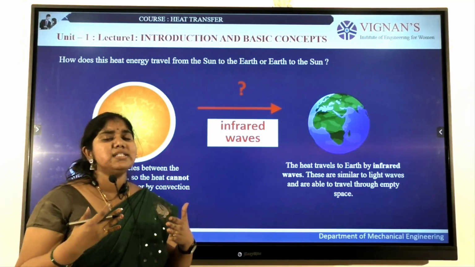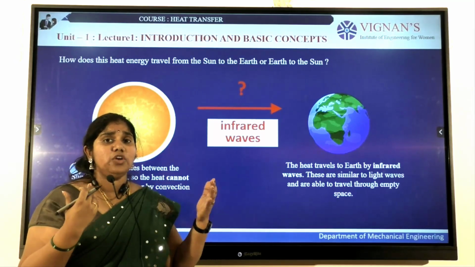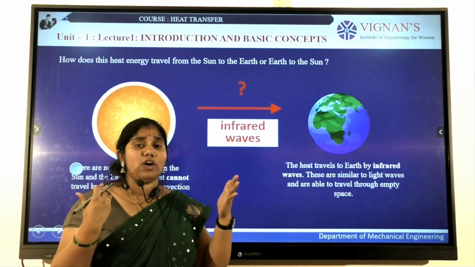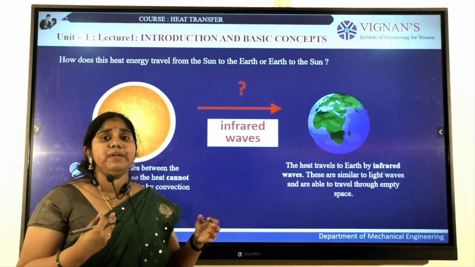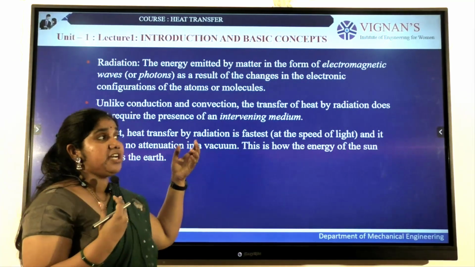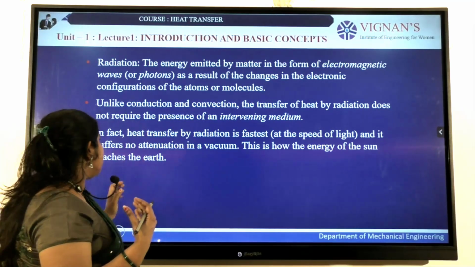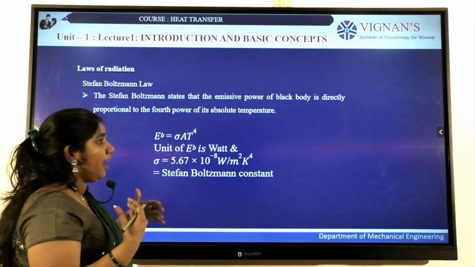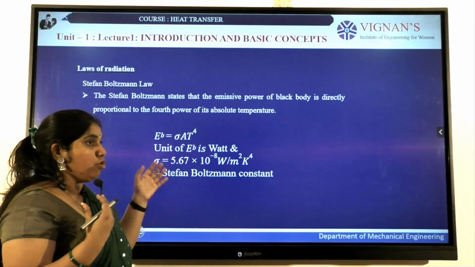This energy is carried by electromagnetic waves, which don't require any medium. That mode of heat transfer we call radiation.